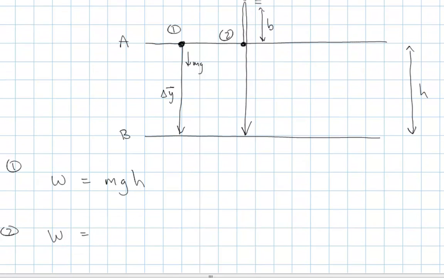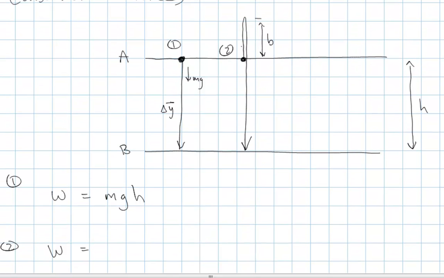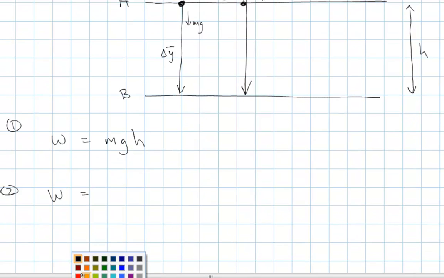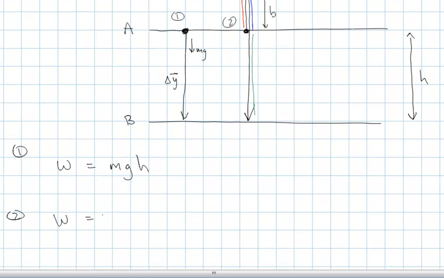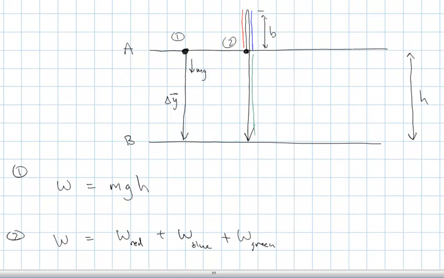So I'm going to divide this into 3 parts. The first part is on the way up. Let me color code them. So I've got the red part, the blue part, and the green part. So let's do the red part, the work on the red line, plus the work for the blue, plus the work for the green section of the path, of the motion.